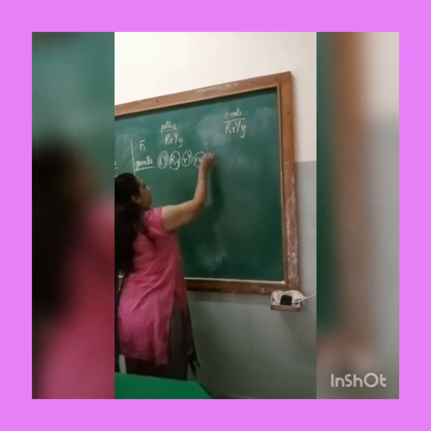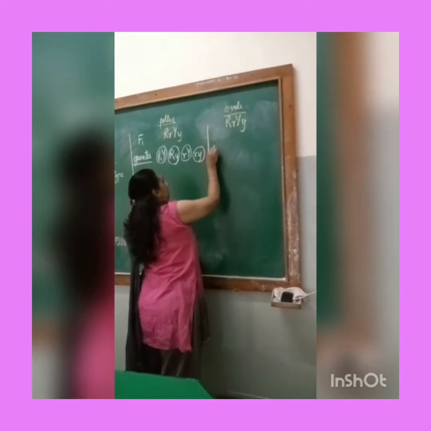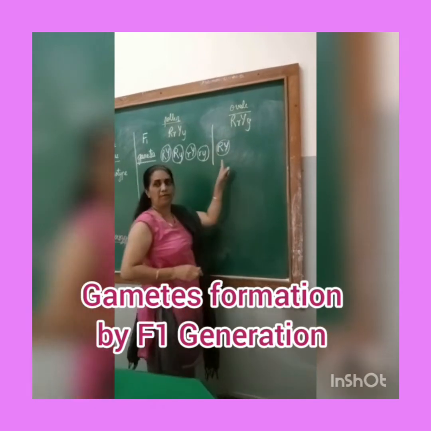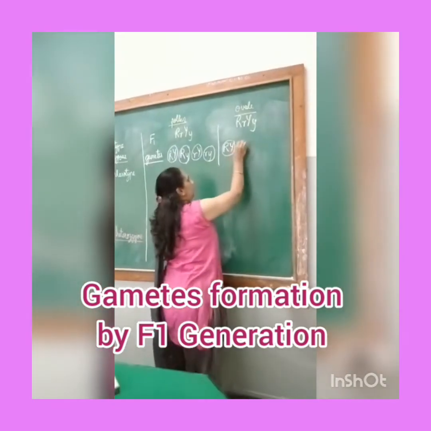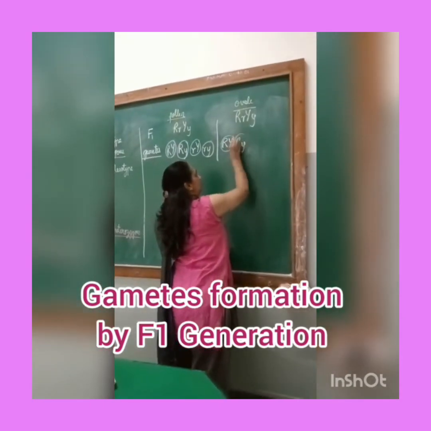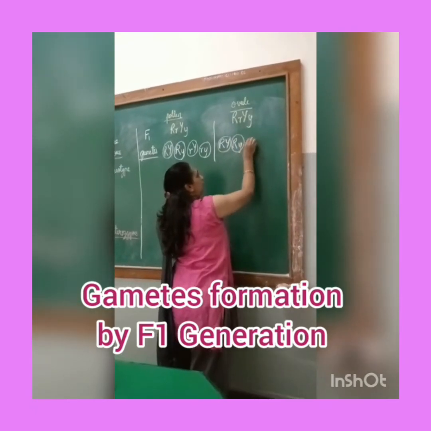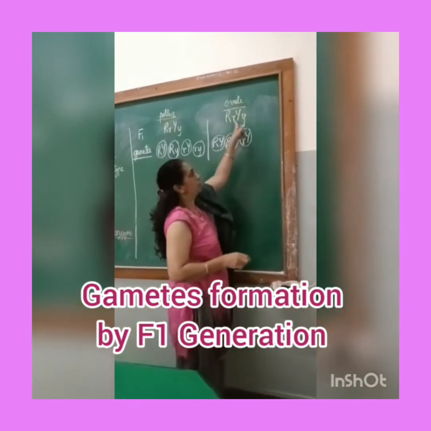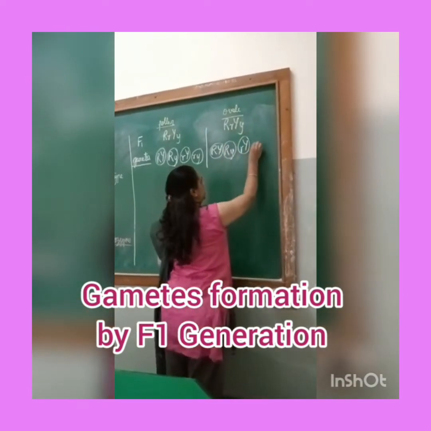Okay, this capital R and this capital Y will go into one ovule. The other ovule will have one capital R and one small y. The third ovule will have one small r, capital Y. And the fourth one will have both the recessive genes.